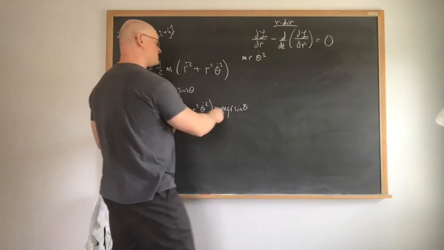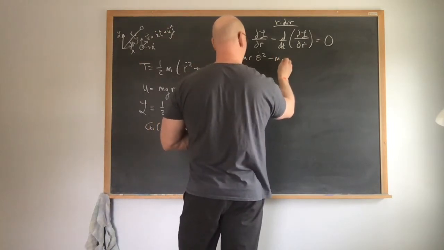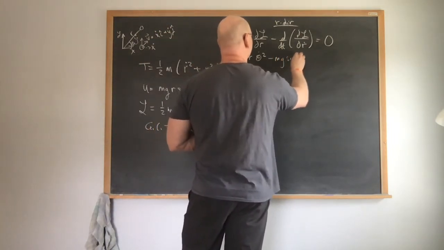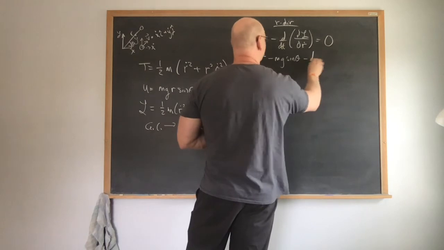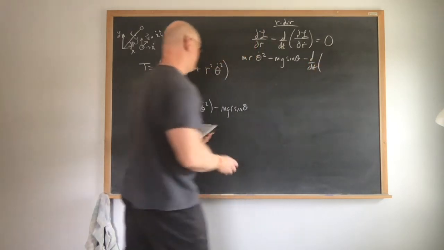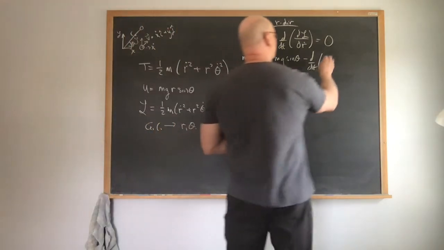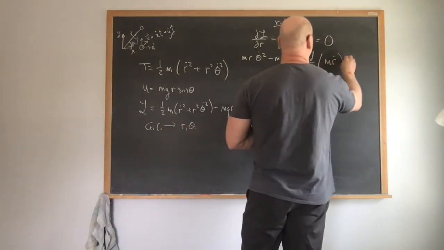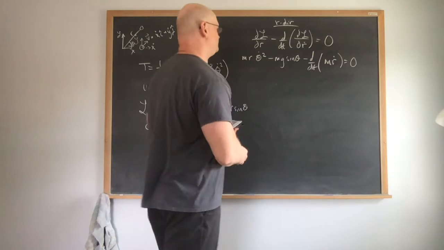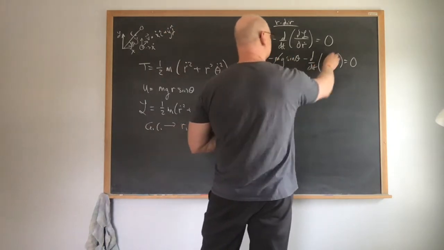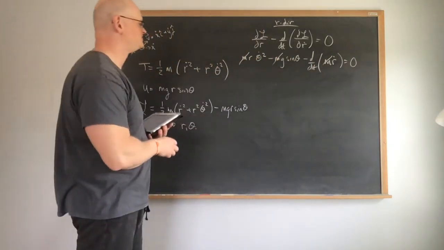And then this other term is going to give me a minus mg times sine of theta. Then I get minus the time derivative of the partial with respect to r dot. In this case, I only have one r dot term, so this is going to give me m r double dot, equal to 0. Again, all the m's are going to cancel, so I don't care about the m's.